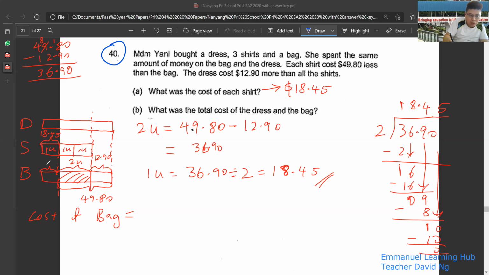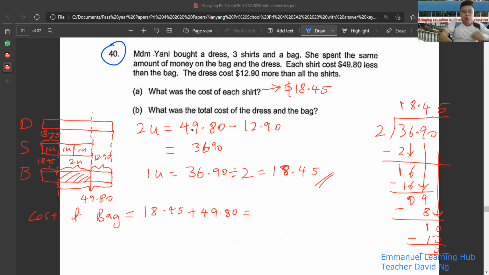This part is also 18.45 plus 49.80. Yes. Can you see the power of model drawing now? Is model drawing helpful? Yes. So you want to draw model in exam so that it can help you? Yes.